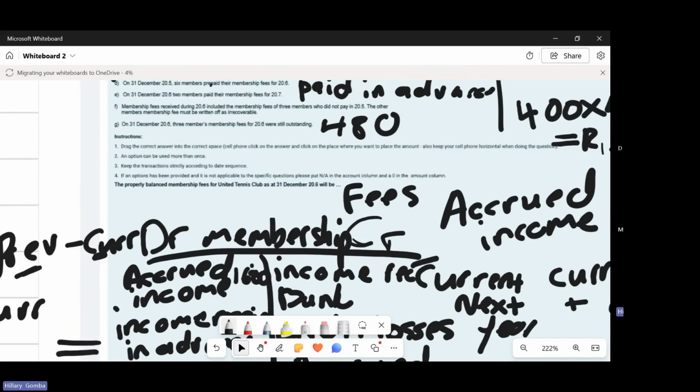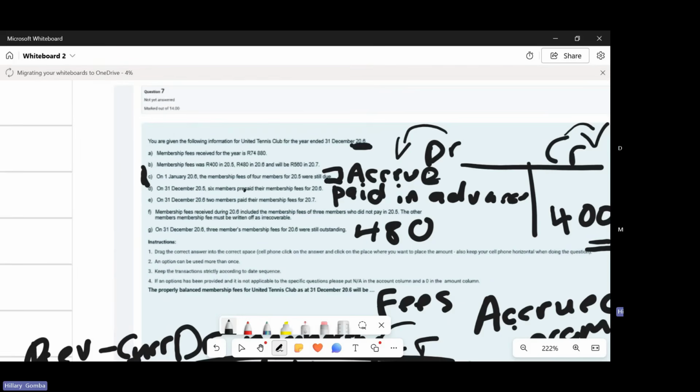So on the question that we have on D, on 31 December 2025, 6 members paid their membership fees for 2026. So they paid in advance. Are we together or is someone lost?